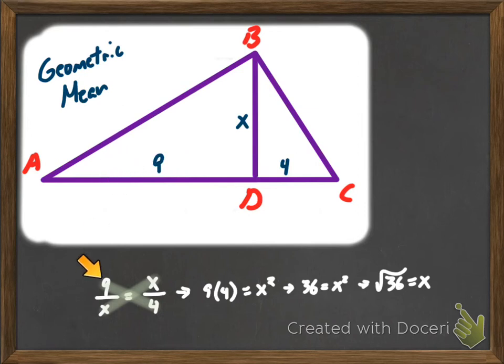That's what I set up here, 9 over x equals x over 4, so it's the left over the altitude, altitude over right. Cross multiply, you get 9 times 4 equals x squared. 9 times 4 is 36 equals x squared. Take the square root of both sides, and you get x equals 6.